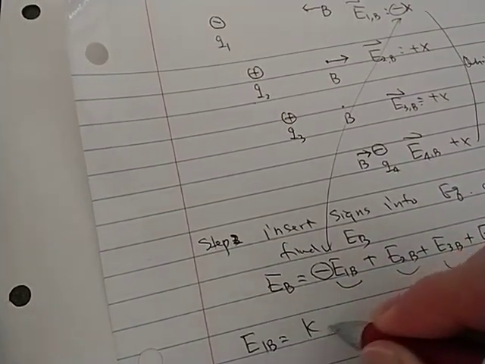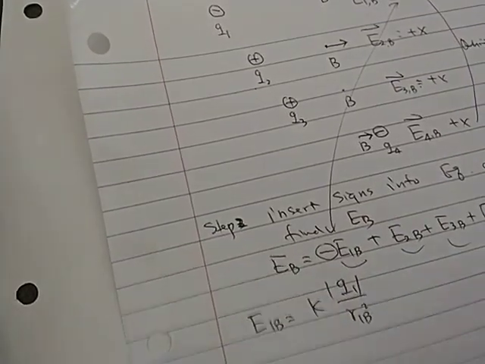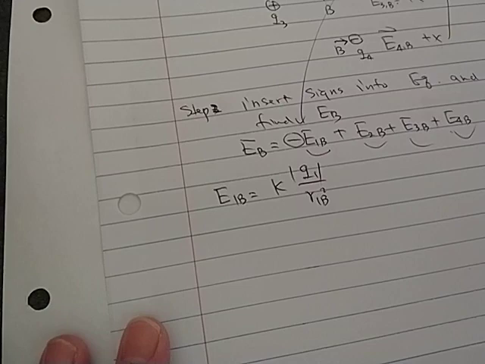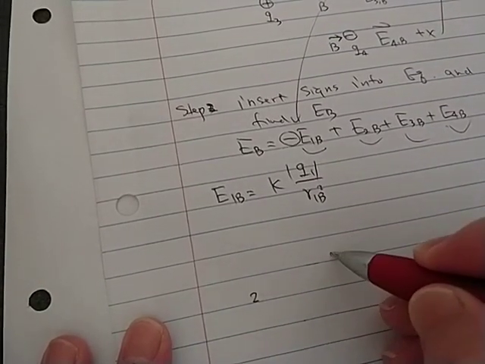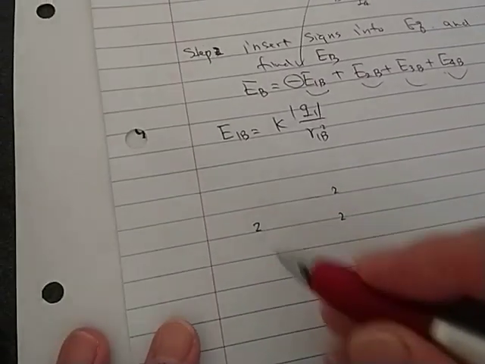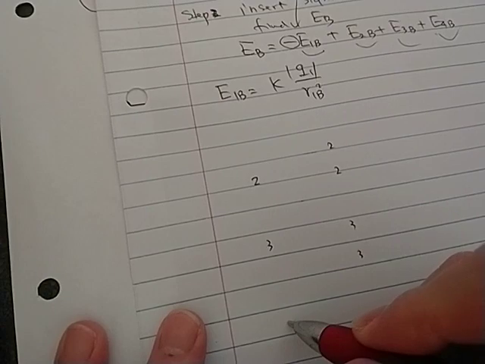E1B, take the absolute value, over R1B squared. And next, these two terms are almost exactly the same. What I need to do is change 1 to 2, then 1 to 3, then 1 to 4.